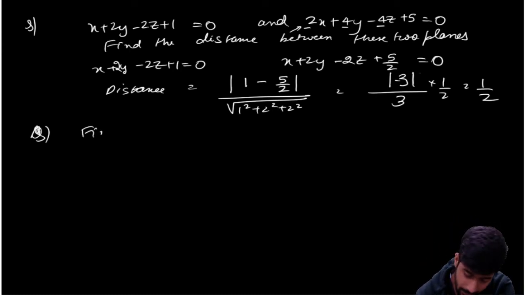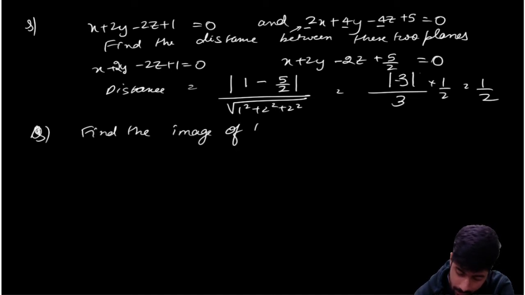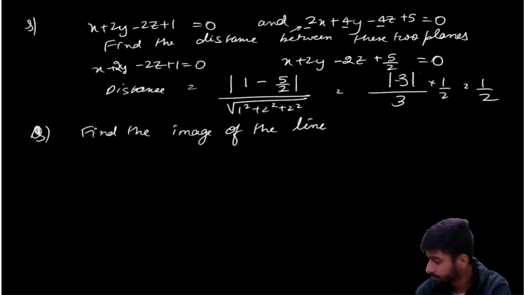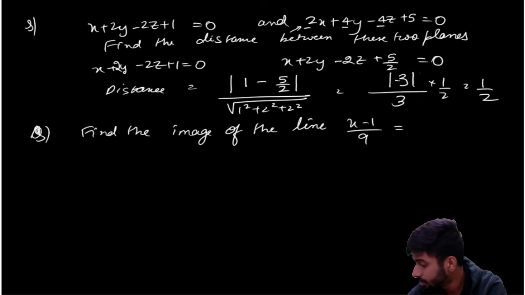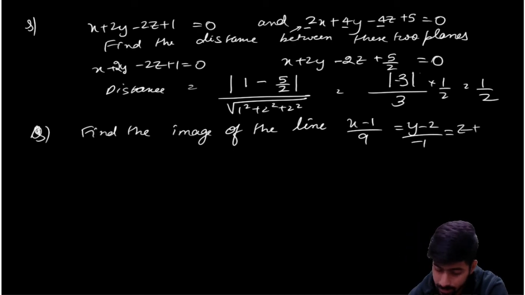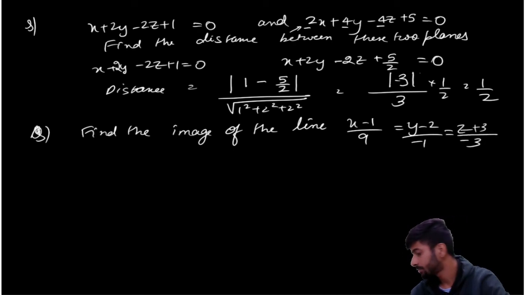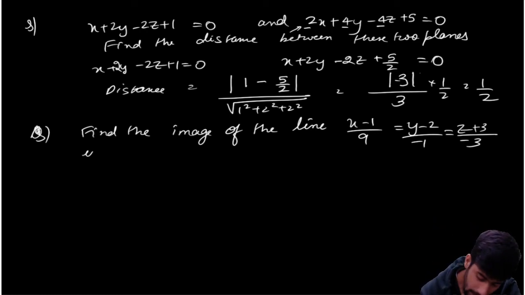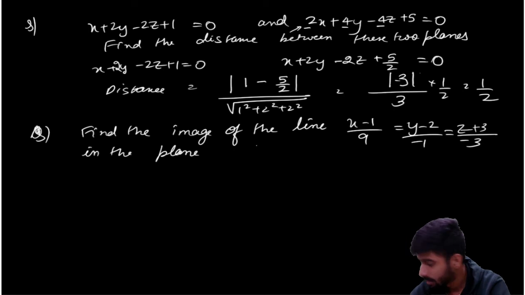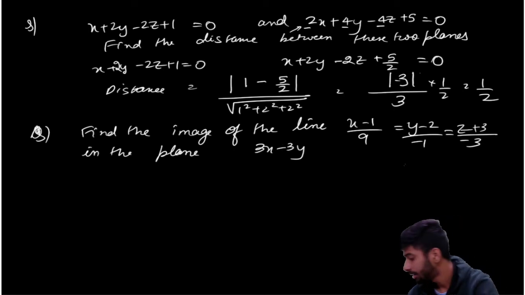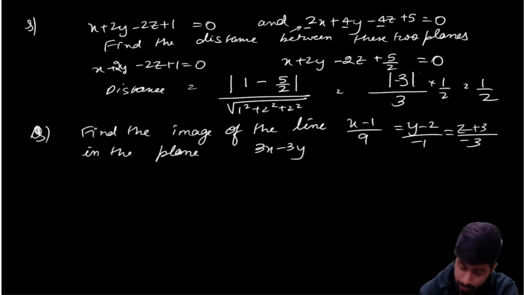Find the image of the line x minus 1 by 9 is equal to y minus 2 by minus 1 is equal to z plus 3 by minus 3 in the plane 3x minus 3y plus 10z minus 26 equal to 0.